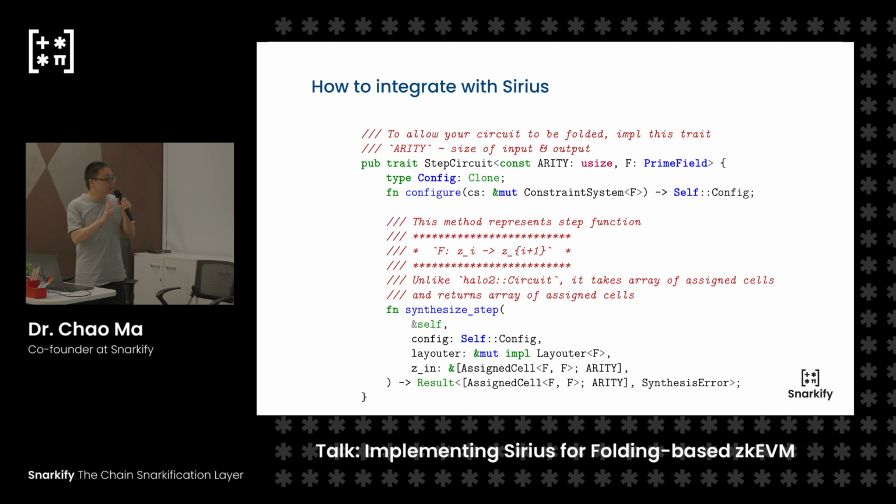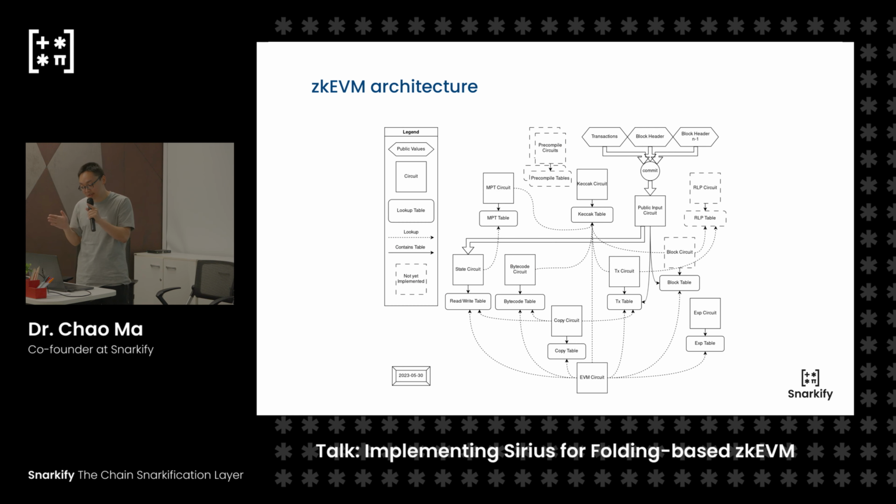This is what you need to do as a developer if you're adapting your Halo 2 circuit to be folded by the Sirius library. The arity here is just the length of the vector. Depending on the state defined in your application, it can be one single value or a vector of length n.